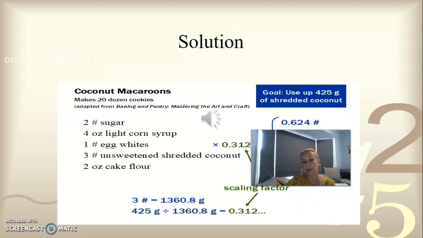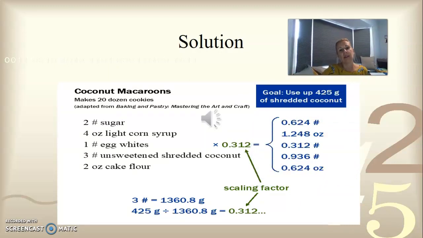The next step that we have to do is, down here, we can't divide pounds by grams. We have to get them both to the same unit. So in this case, down here, they're going to help us convert the 3 pounds that the recipe calls for to a number of grams, okay?